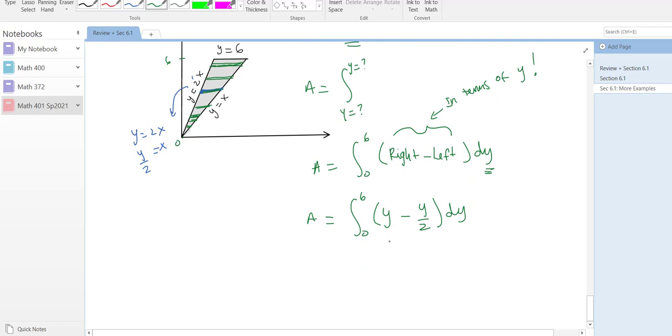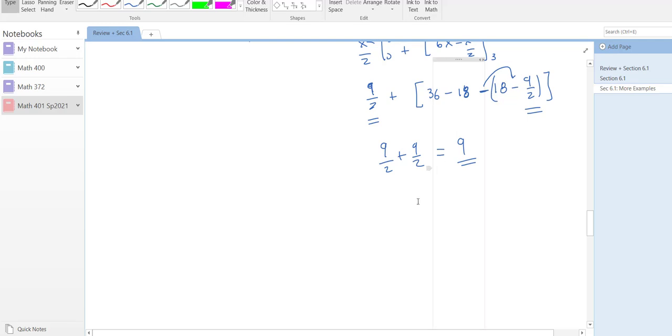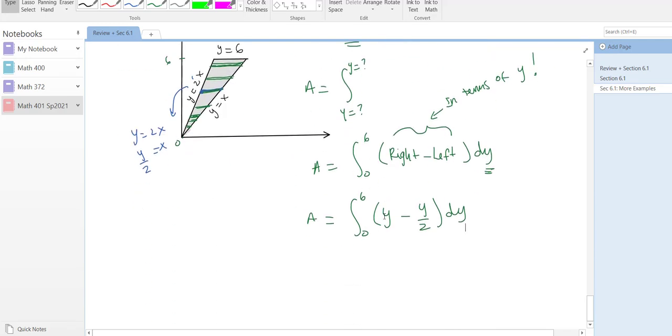Only one integral needed. Now, before our answer was 9, so let's make sure that we get the same answer since it's representing the same region. I guess I should have simplified this. We can combine like terms to make it better.